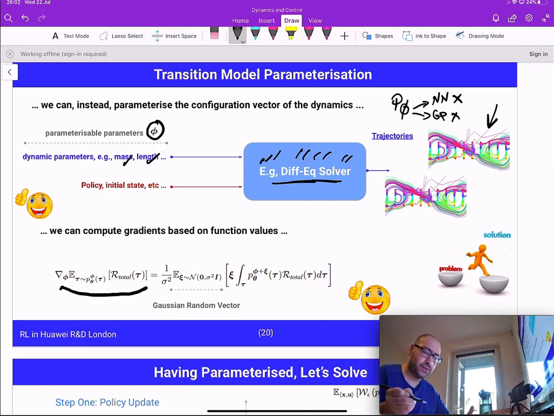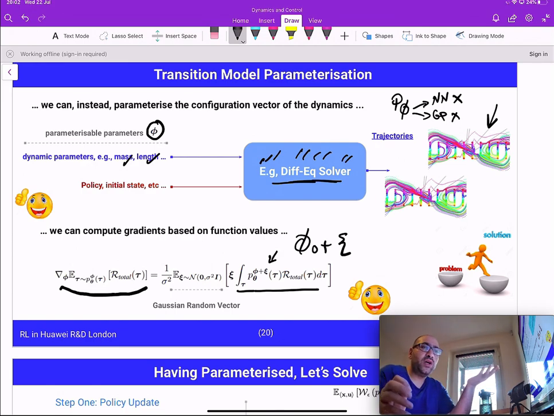You take phi, your current dynamical parameters, and add on top of that some xi, a random vector sampled from a Gaussian distribution. If you measure this quantity in expectation, you get an approximation to the gradient with respect to phi.